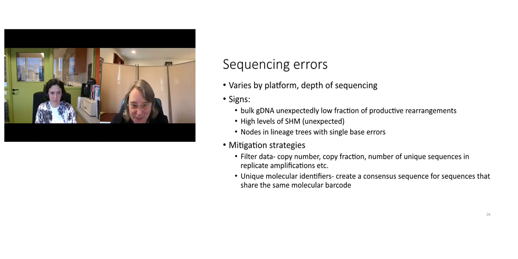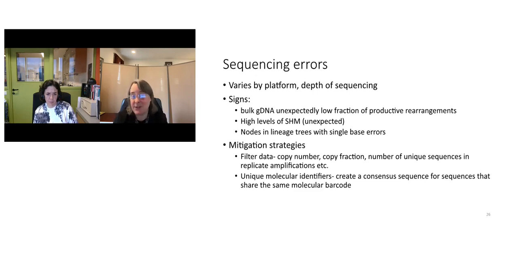Replicate amplification is another way of doing essentially a clone size filtering, where you take separately amplified libraries that are biological replicates and you look for the same sequence variant in 2 or more libraries. That's a fairly stringent way of filtering.